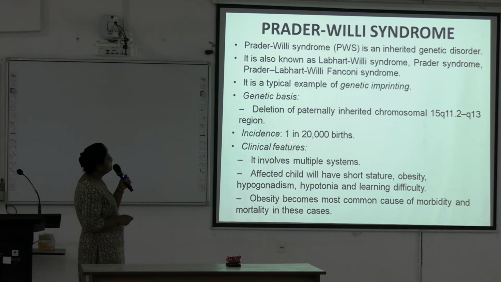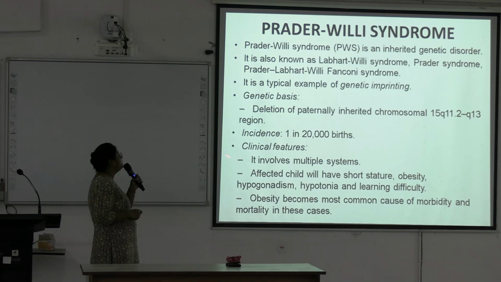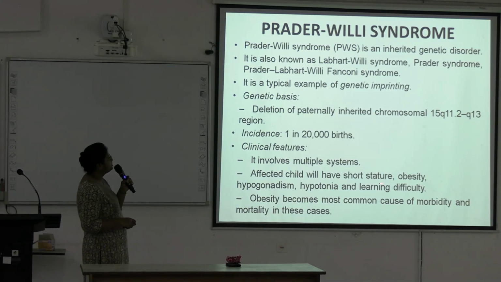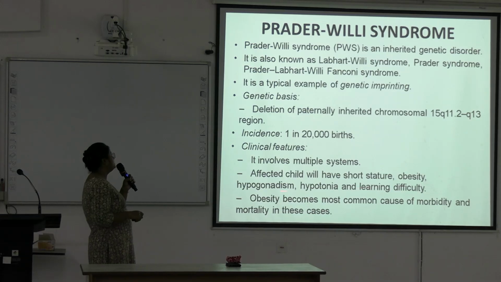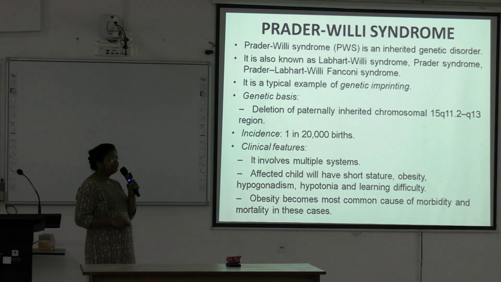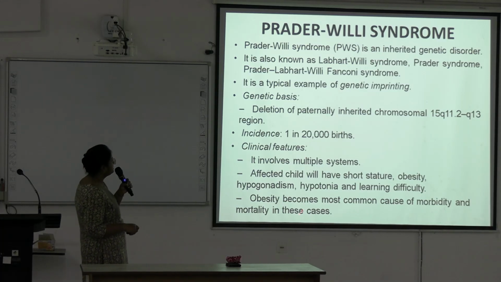Incidence is 1 in 20,000 live births. These are the clinical features. It involves multiple systems. Affected child will have short stature, obesity, hypogonadism, hypotonia, and learning difficulty. Obesity becomes the most common cause of morbidity and mortality in these cases.